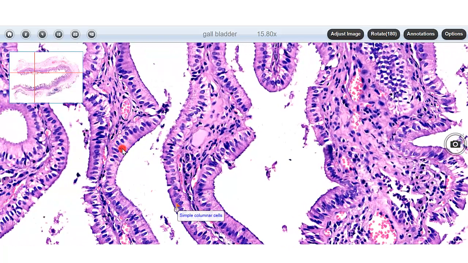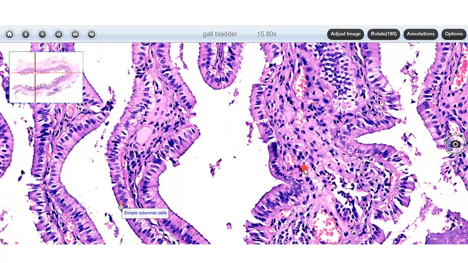We can make out that these are columnar cells and they have a basal nucleus. It is present near the base of the cell and the nucleus is oval shaped. And in the apical part, there are microvilli which lead to the appearance of a brush border.